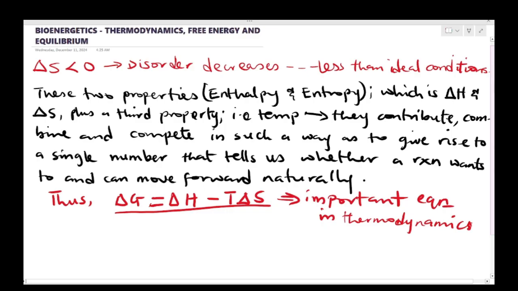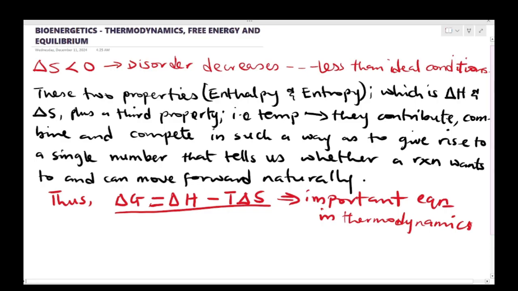These three things, the enthalpy, the entropy, and the temperature, combine to give the Gibbs free energy, a single number that tells us whether the reaction will move forward spontaneously under ideal conditions, or whether it will not or cannot.